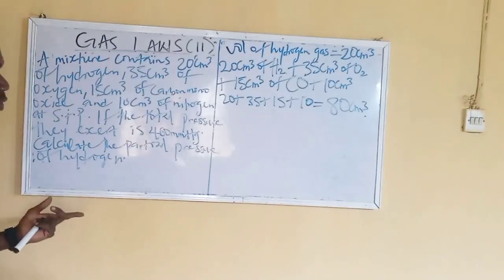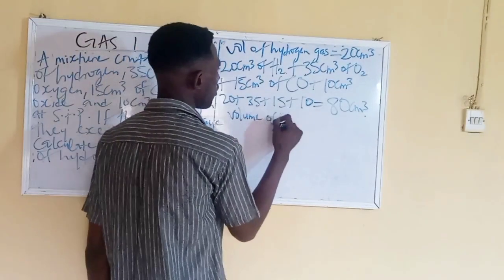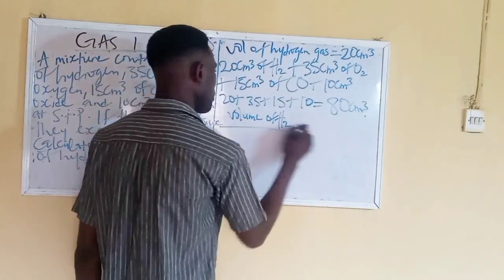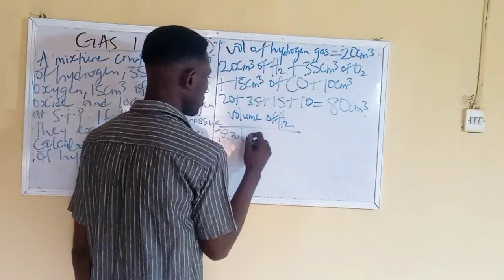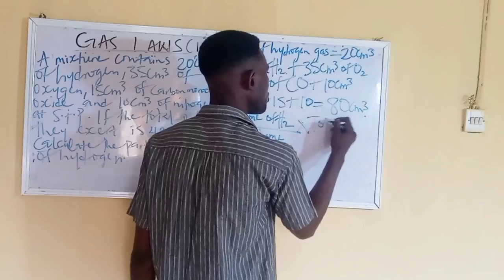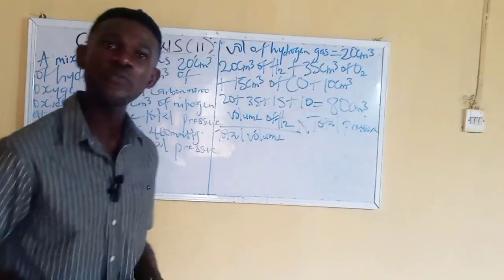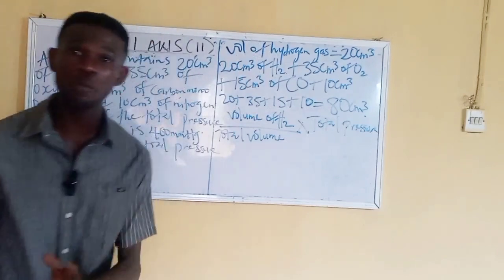Now we can find our partial pressure. We have the volume of hydrogen gas over the total volume, multiplied by the total pressure. This is the formula to calculate partial pressure.